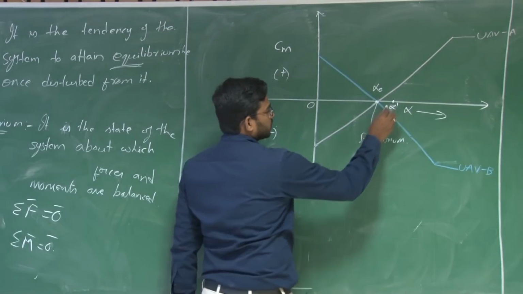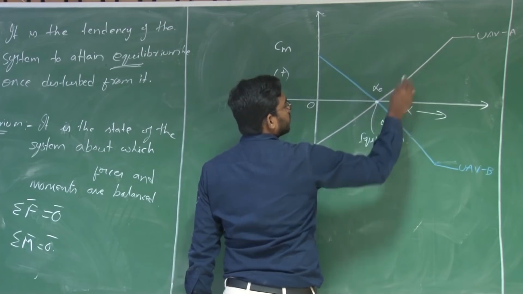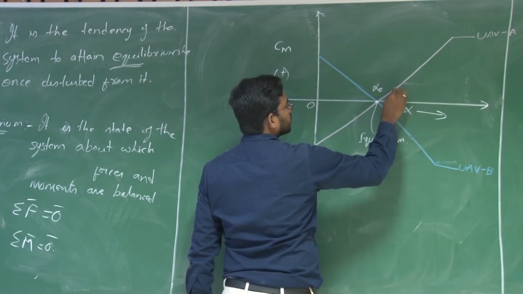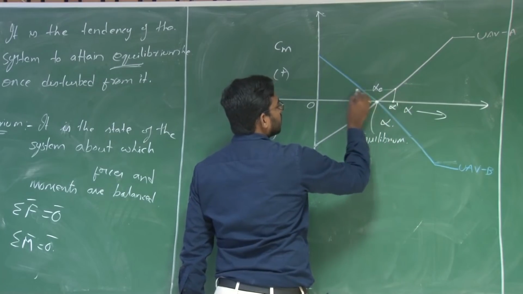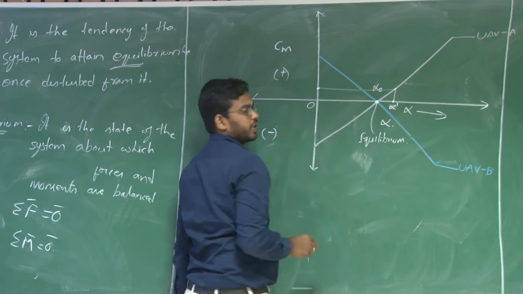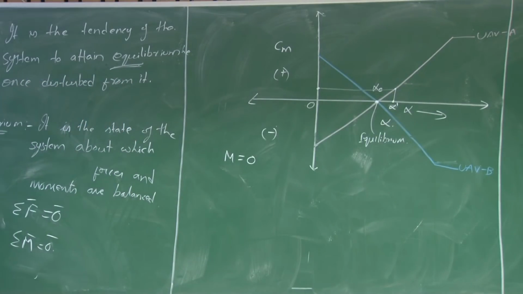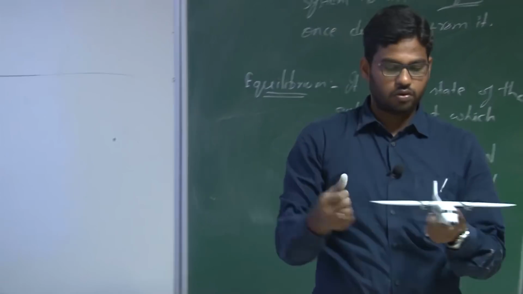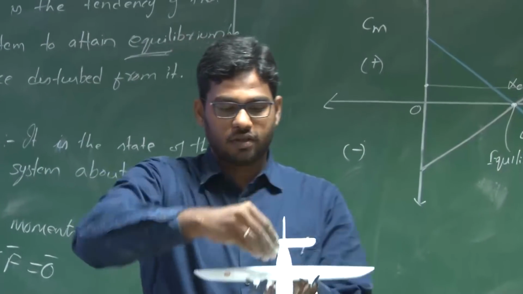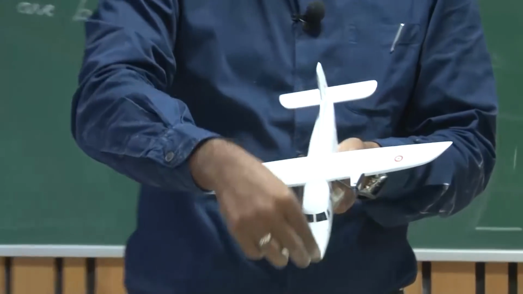So if I consider the UAV A, what happens because of this change? There is a pitching moment, a positive pitching moment. That means the aircraft will have a nose up, right. So this is your positive y axis, this is your positive x and this is your positive z.